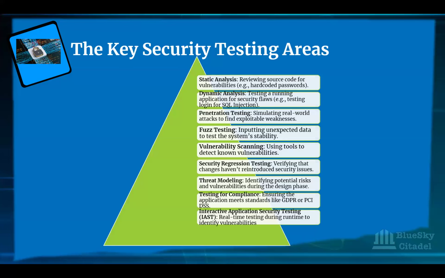And what this does, as you can see the word static, is review the source code for vulnerabilities. Even if security analysts may not have access to do that directly, software testers will possibly have access to review source code.